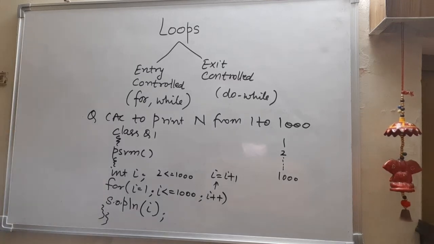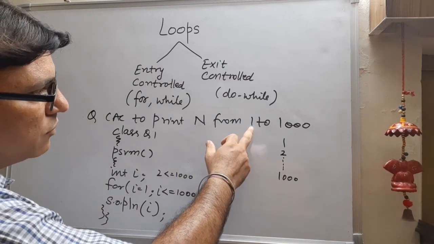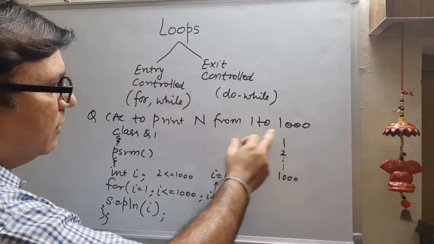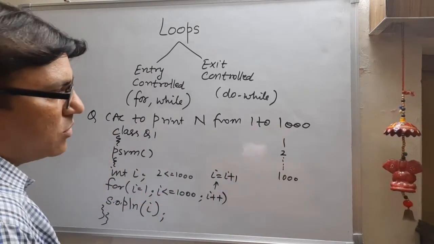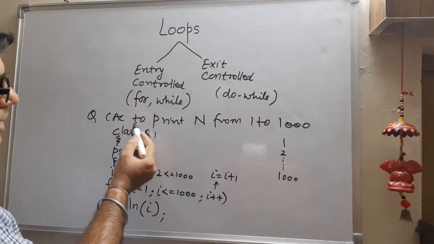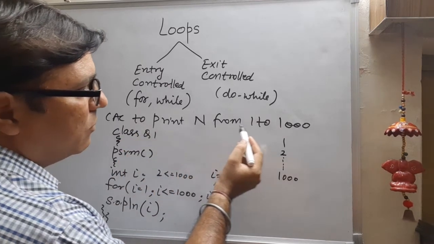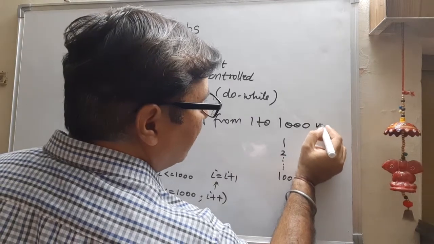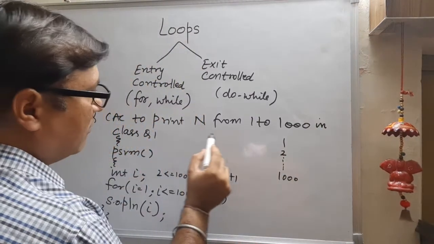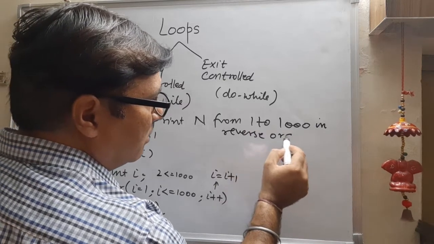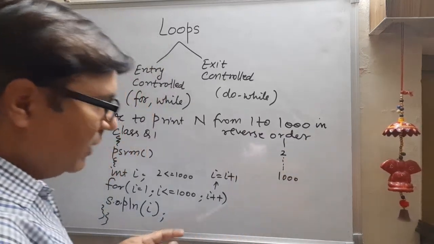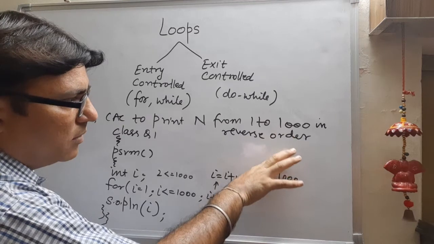Let us move on to another question. If instead of printing from 1 to 1000, we want to print the values from 1 to 1000 in reverse order, suppose for example the question is: create a class to print natural numbers from 1 to 1000 in reverse order. Then the value will start from 1000.